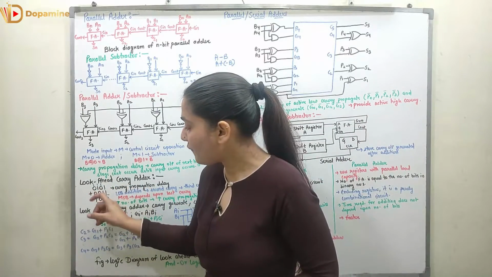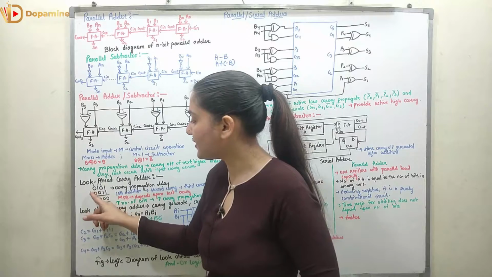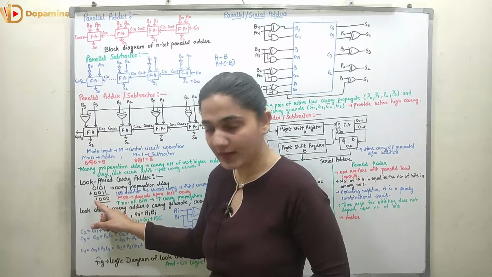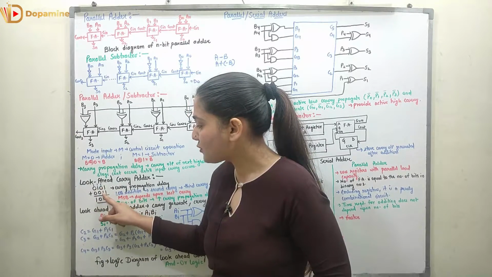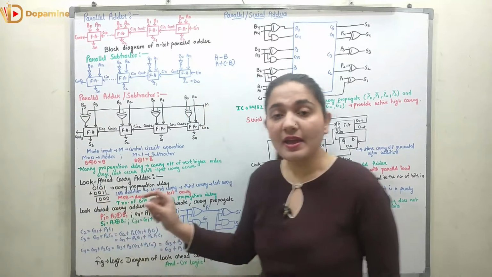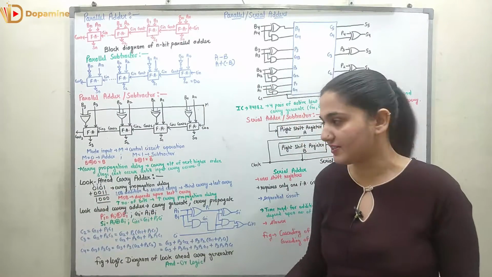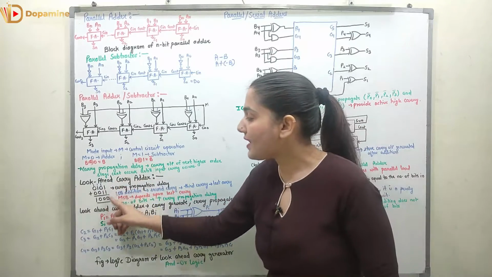But here if you add all of the bits without taking the carry into consideration, 0 plus 0 would have given me 0, right? 1 plus 0 would have given me 1. 0 plus 1 would have given me 1, if I have not considered the carry that was generated in the first place. So first of all, I have to do the LSB addition.